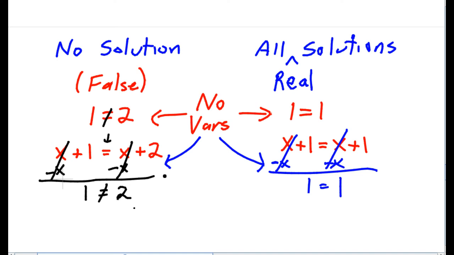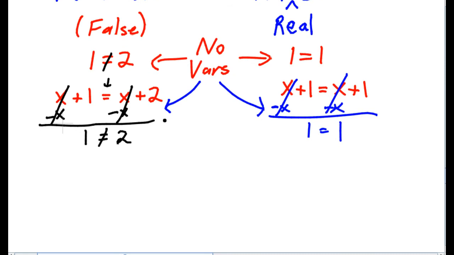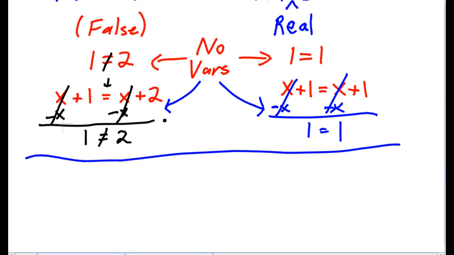That's a short version of when do you have a no solution, when do you have an all solution. One more thing I want to throw out there that is separate but sometimes confused. And that is this. What happens with 2x plus 1 equals x plus 1?